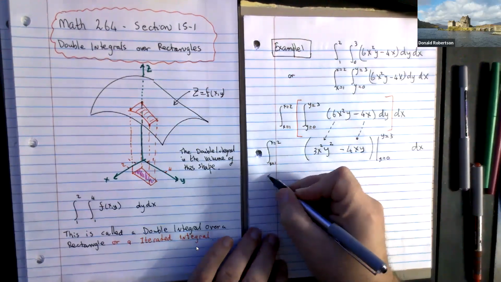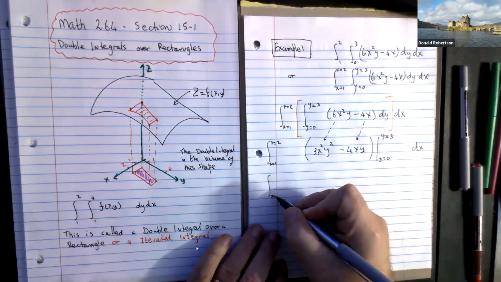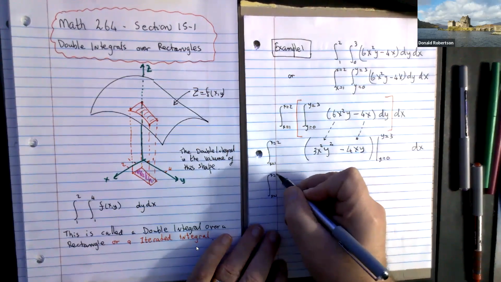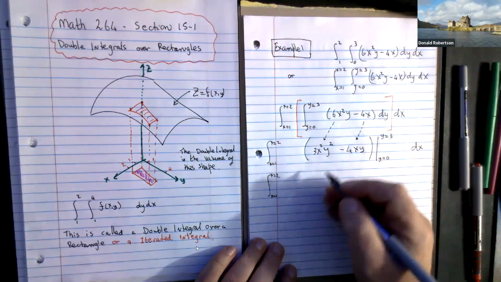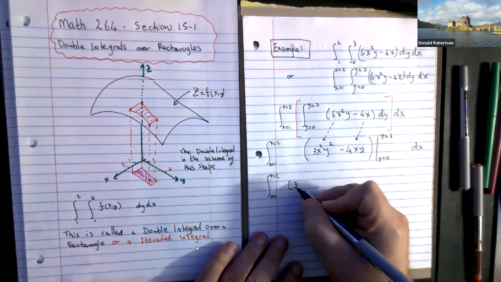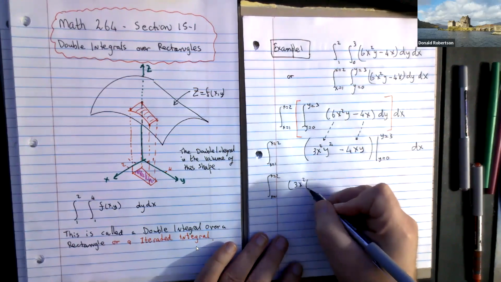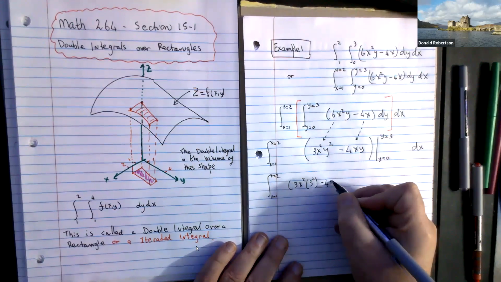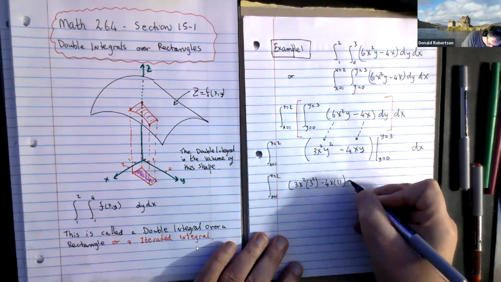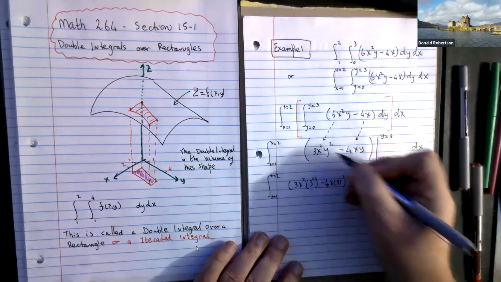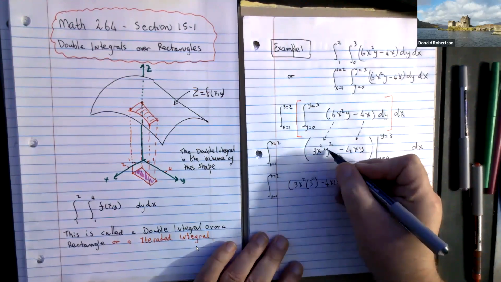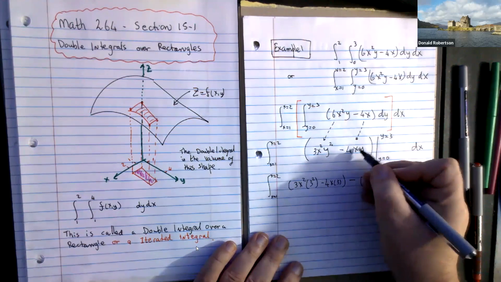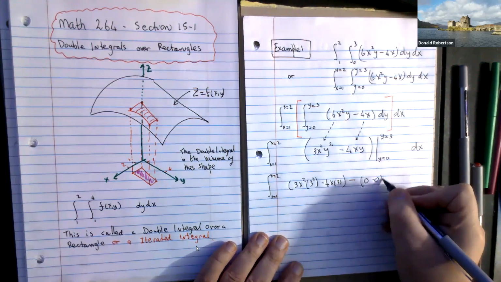So it's now the integral from x equals 1 to x equals 2. If you plug in 3 here, you get 3 lots of x squared times 3 squared, take away 4 lots of x times 3, take away, if you plug in 0, 3x squared times 0 squared gets me 0, and 4x times 0 gets me 0.